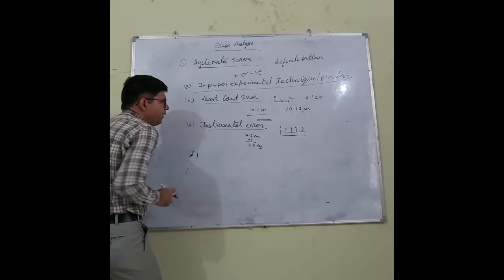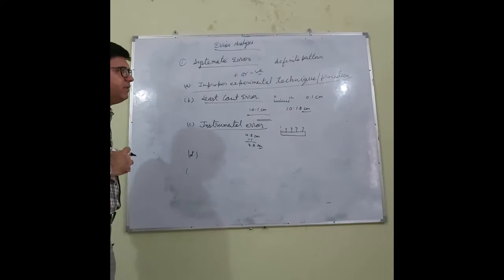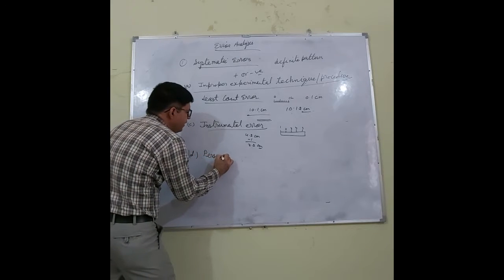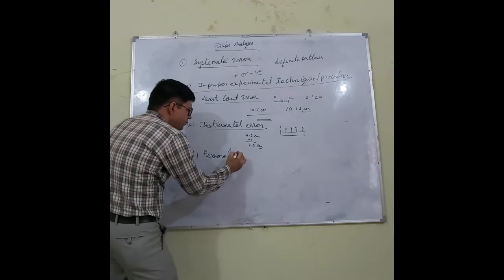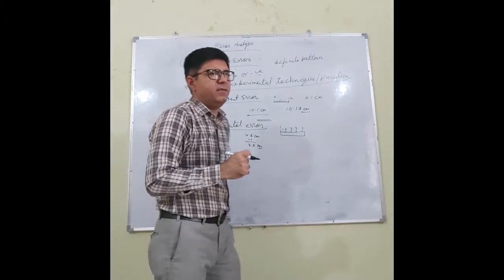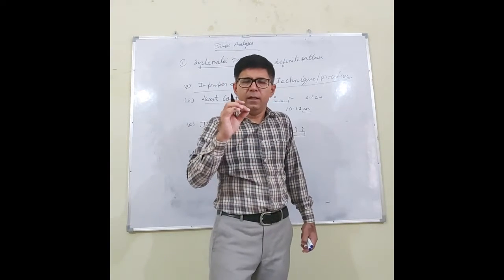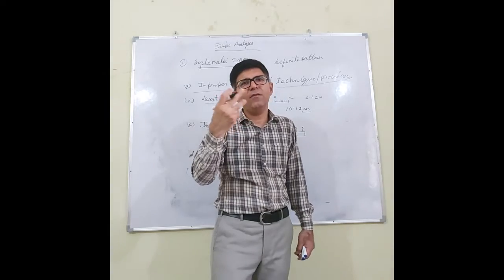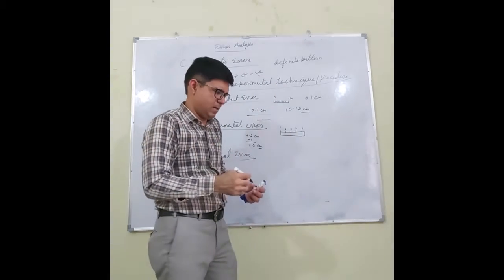The next category of error is personal errors. These errors arise due to the incapabilities of a person, or there may be a defect in the eye of the person.